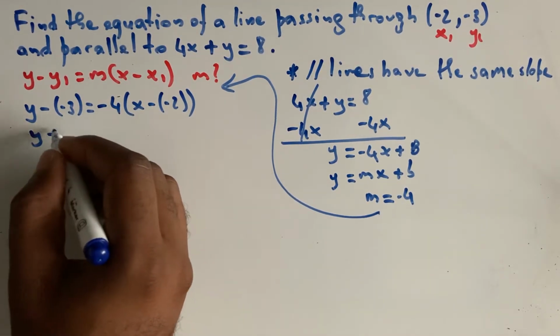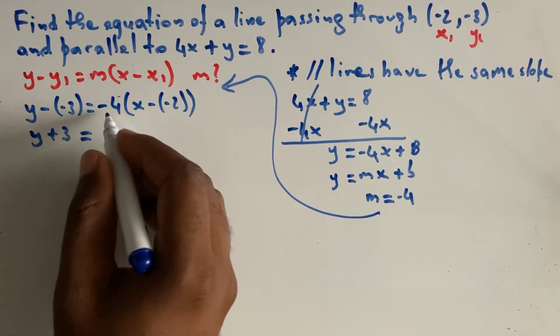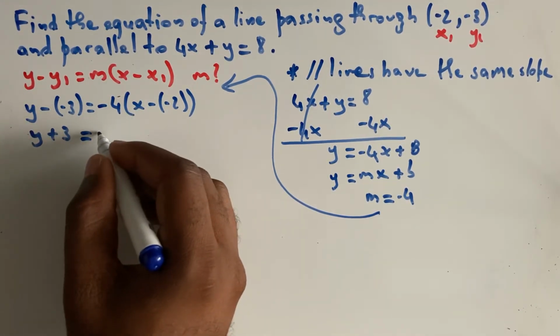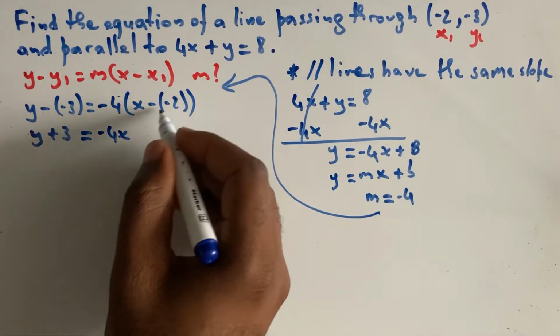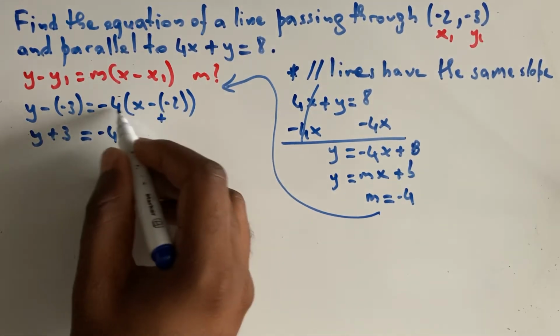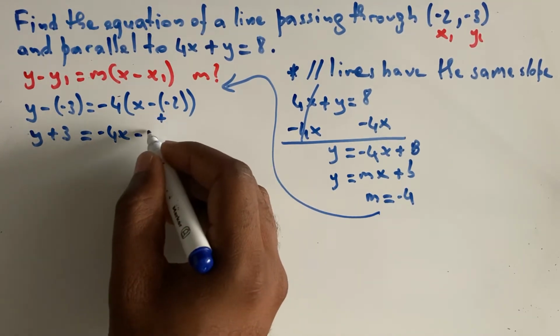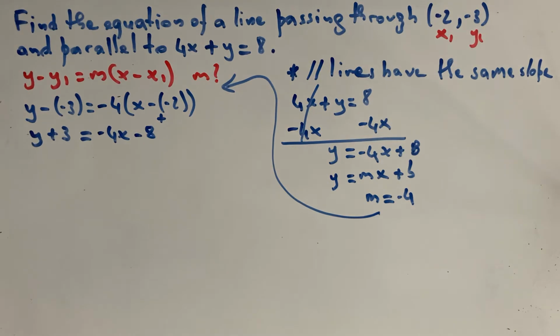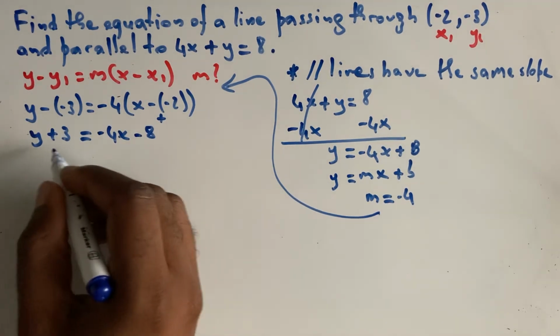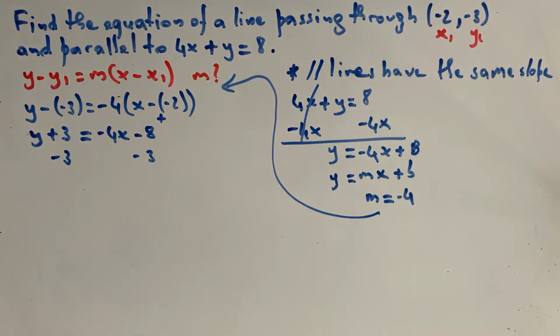Y plus 3 equals negative 4 times x plus 2, because I can distribute here: these two signs become a positive, so it's x plus 2. Negative 4 times positive 2 is negative 8. Now I have to subtract 3 from both sides, because I'm trying to solve for y.